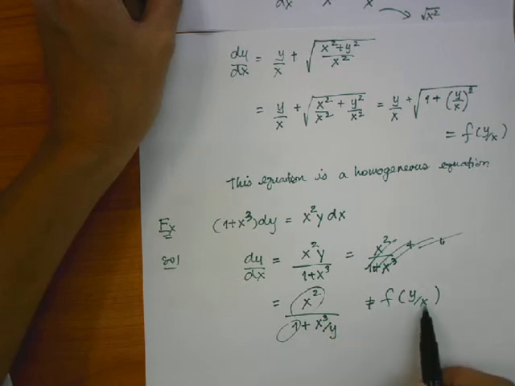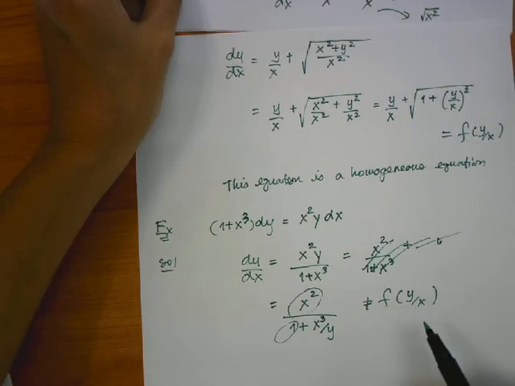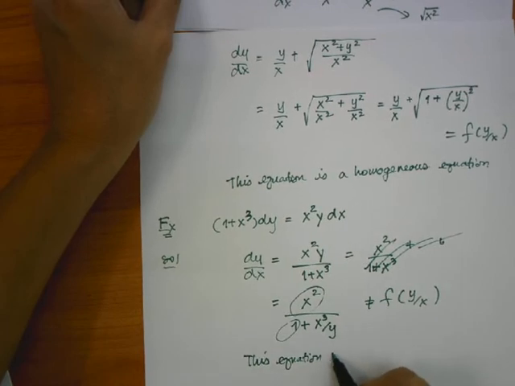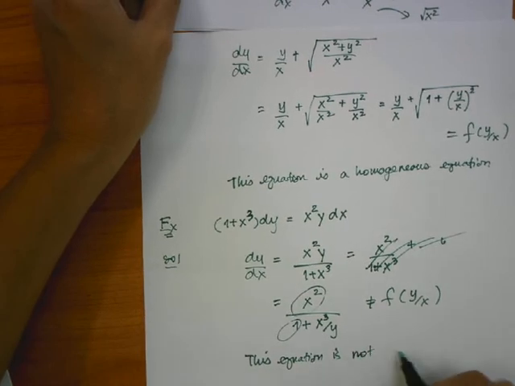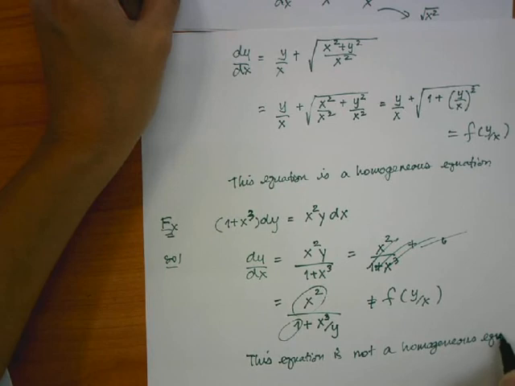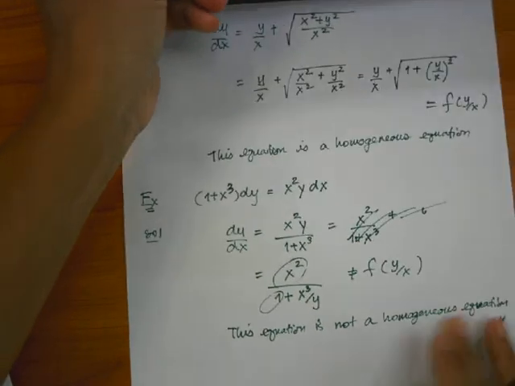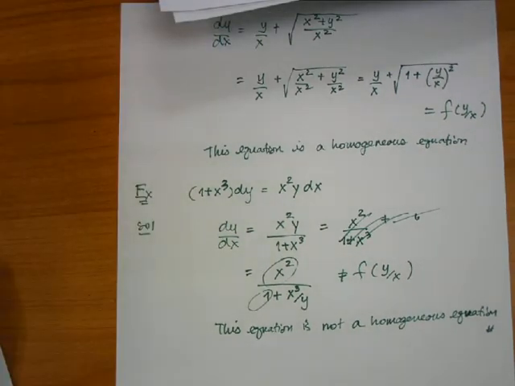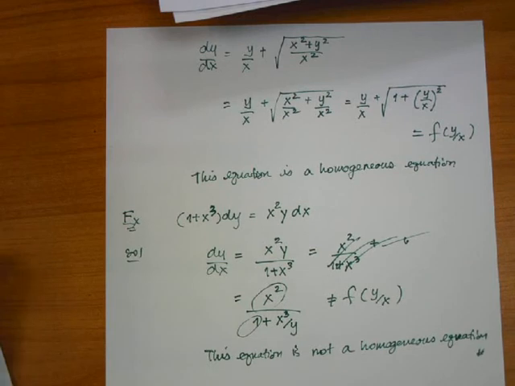It's not y over x. So this is not a function of y over x, so it's not a homogeneous equation. That's the way to find it. First of all, we have to define whether it is a homogeneous equation.